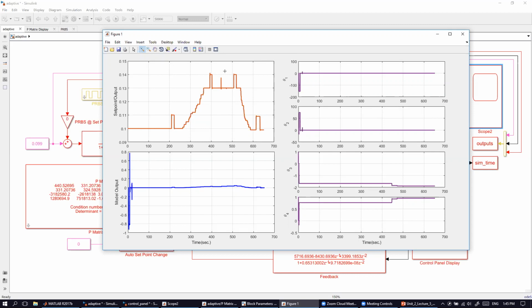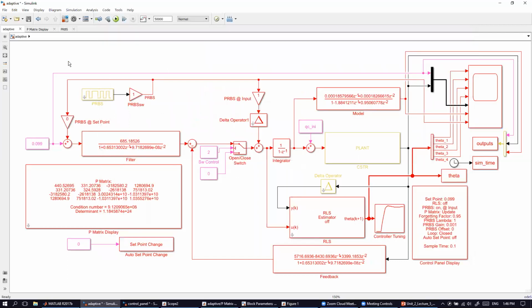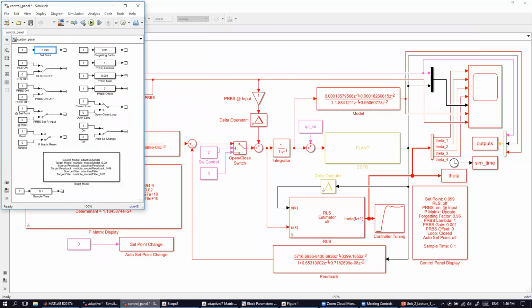So the easiest thing would be just to turn on the controller tuning all the time and let the plant run, and then see what happens. If the controller tuning is running all the time, then the PRBS is injected all the time. But let's just assume that that's okay, that we have no problem with that. So what I would do now is I will run that again.